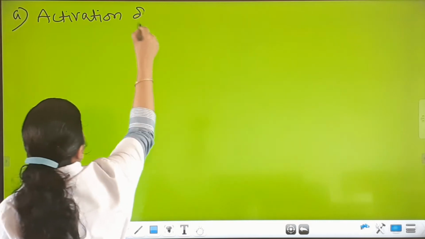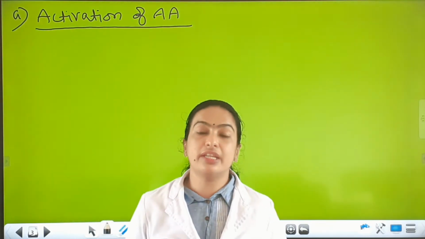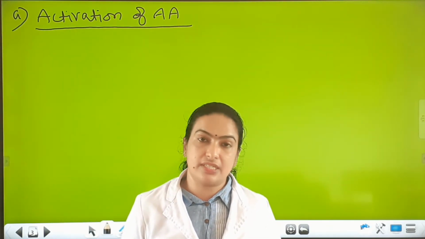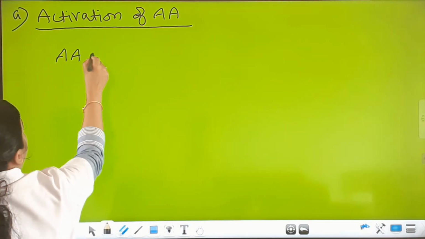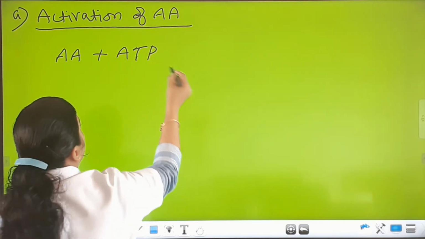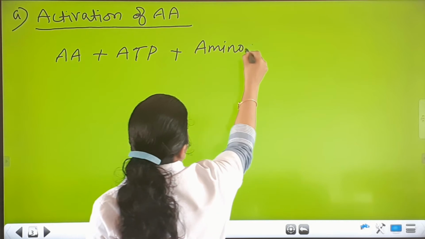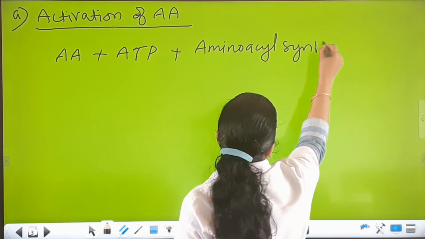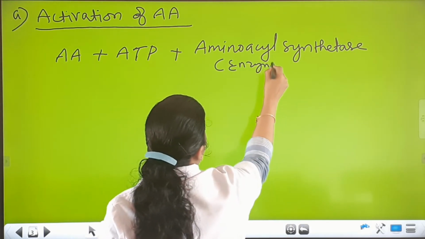So in initiation the first step is the activation of amino acid. The amino acids present in the cytoplasm get activated with the help of ATP and an enzyme. So the amino acid, in the presence of ATP, with an enzyme known as aminoacyl synthetase, it is an enzyme.